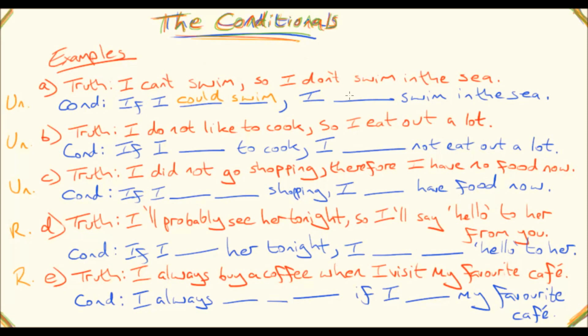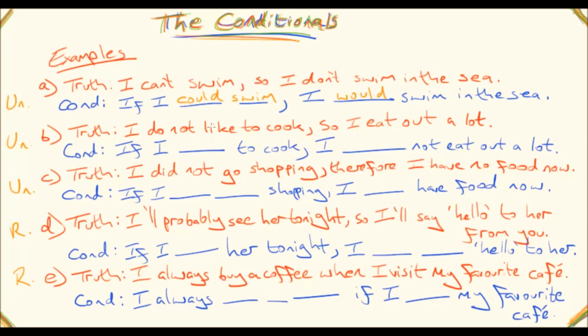What do we have on the other in an unreal condition? We've got would on the other side. I would swim in the sea. Notice, hopefully your language is working exactly the same way, but I know some of them don't. Up here, we've got a negative on one side and a negative on the other side. We're going to make them both positive. Because we're imagining a different world in an unreal conditional.